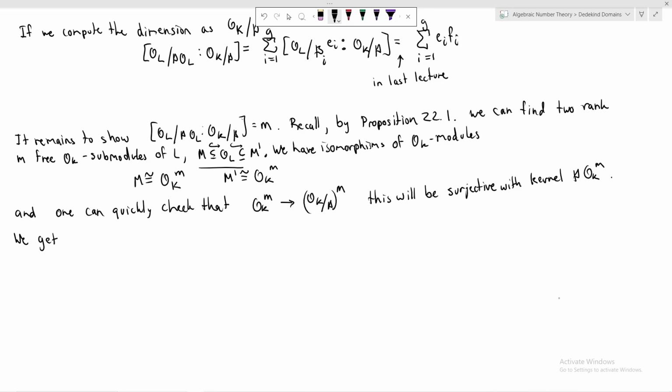And this sequence of injective maps is going to lead to the following sequence of injective maps: M mod PM injecting into B mod PB, and this B should really be O_L, sorry.